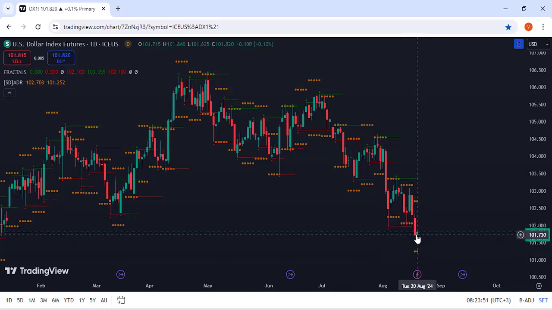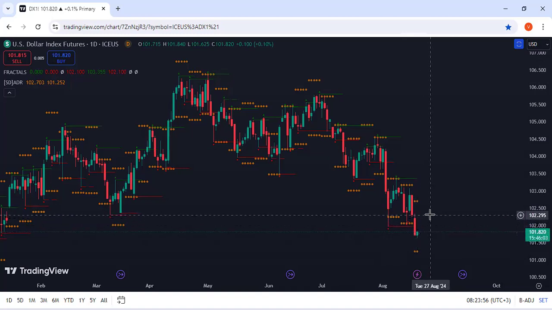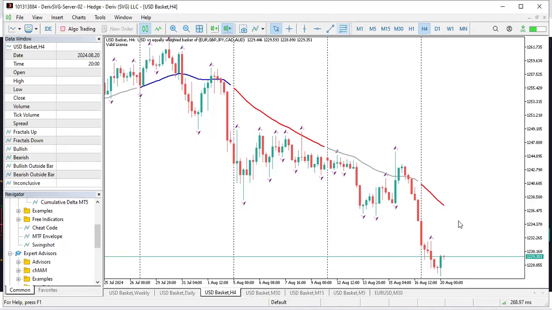This is Monday. For a weekly trade, we'll be expecting price to trade above Monday's high. Now, if we go to our baskets, you'll see that we don't have a fractal high yet.